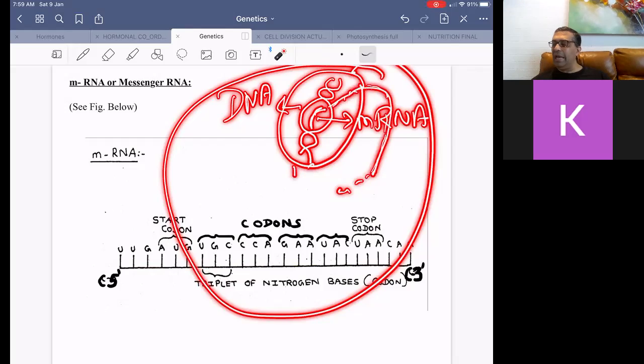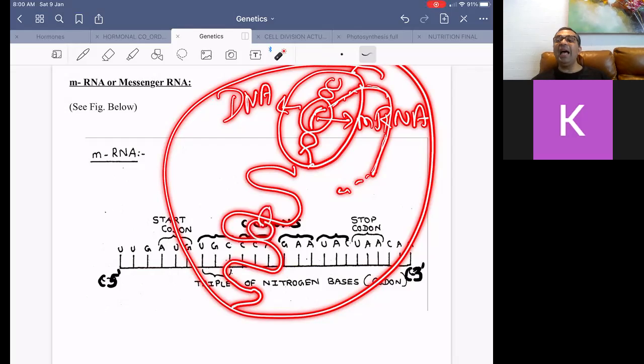Attached to the nucleus is the endoplasmic reticulum. And the endoplasmic reticulum has over it structures called ribosomes. And the mRNA goes and fits into a ribosome.